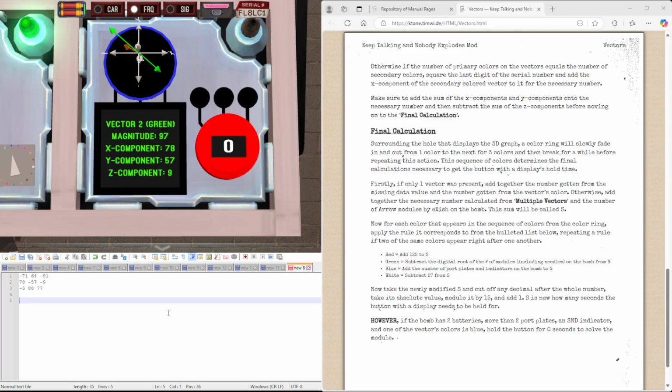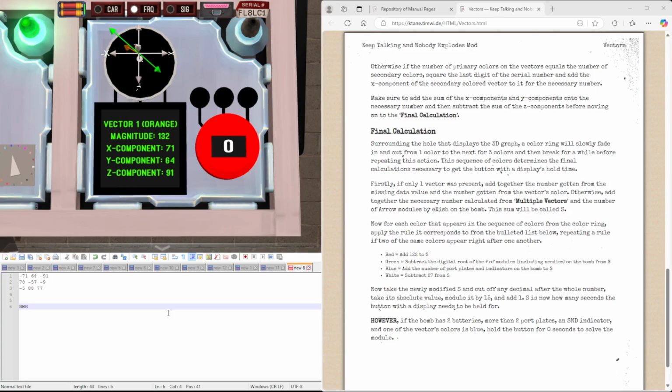Three colours. You have blue, white, red. Make sure that's the start of the loop. Yeah.